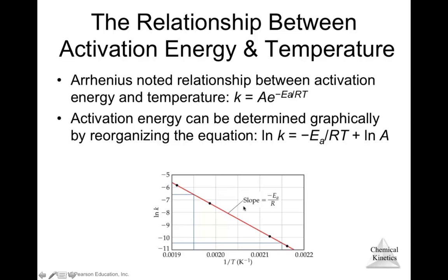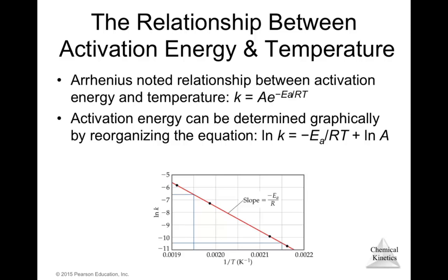But remember, once we have the slope, we need to multiply by the gas constant, because the slope is equal to the activation energy over the gas constant. So if we determine the slope, we multiply by R, and that will be basically the activation energy for the reaction.